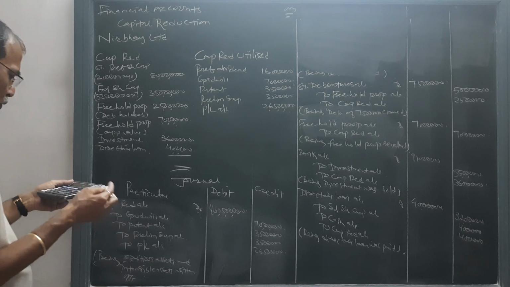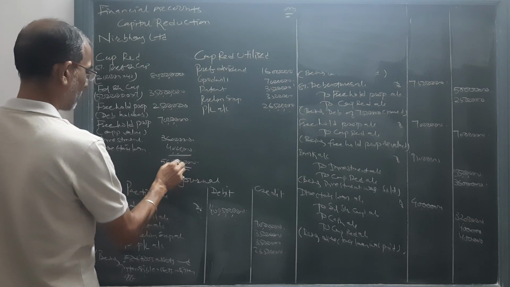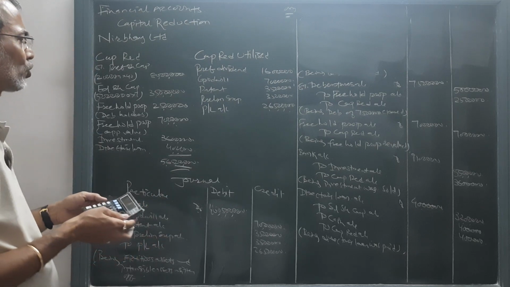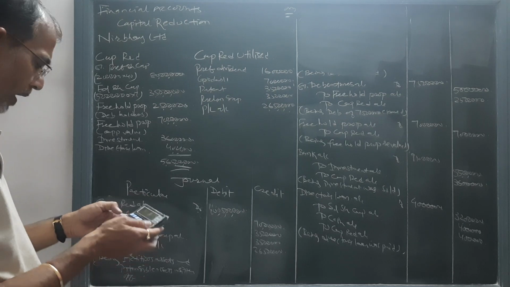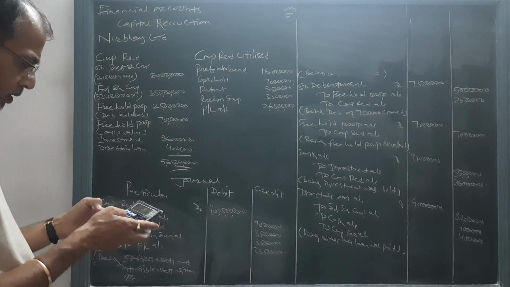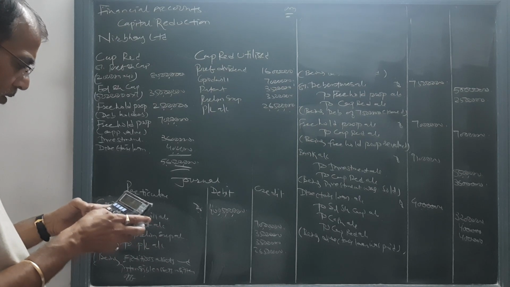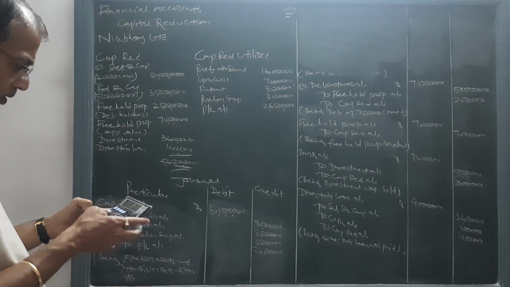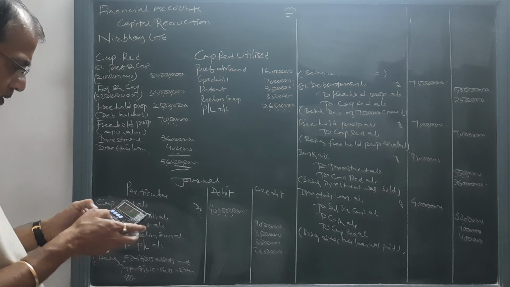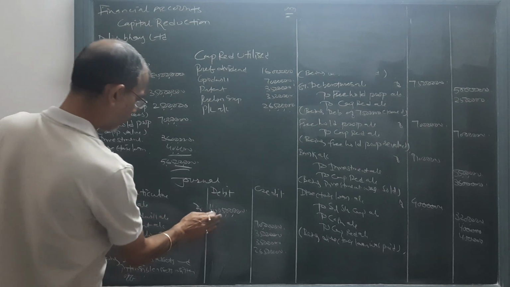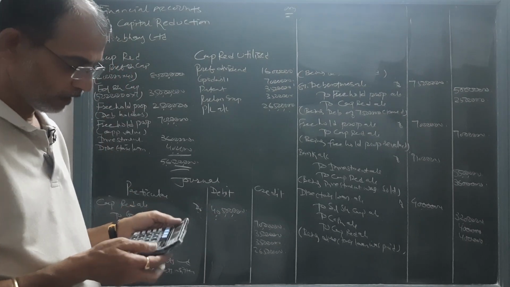So that is 5 crore 65 lakh. Now out of which this was 4 crore 5 lakh. Here 10 was kept extra.